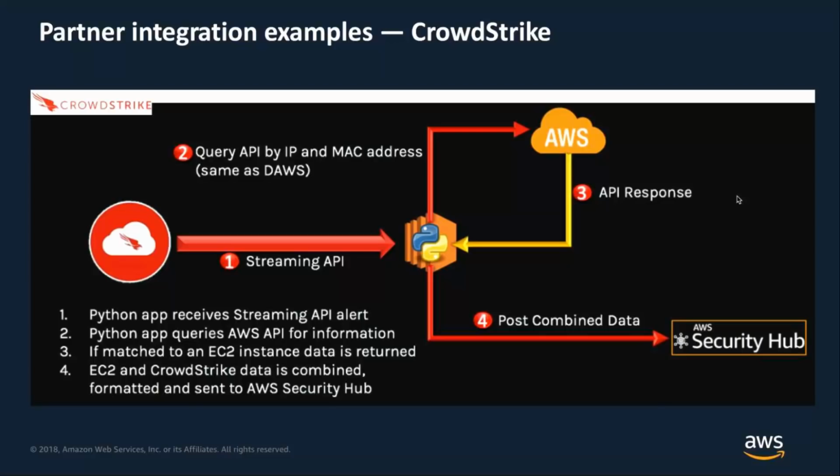That Python app collects alerts or findings from the EC2 instances where the CrowdStrike agent from their Falcon platform is deployed. It collects those findings from those various EC2 instances and does an enrichment call to the AWS API. So it further enriches those findings with additional resource information from that AWS API call, and then it sends those enriched findings to Security Hub. Using that CloudFormation template, it usually takes a customer 10 to 15 minutes to get up and running with this integration.